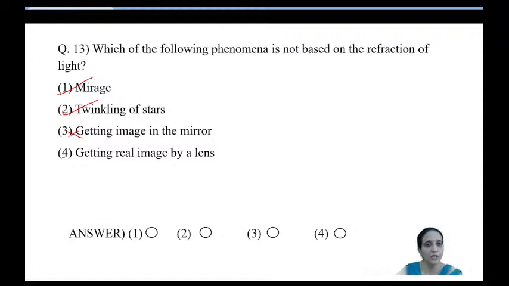Getting a real image by the lens, yes, it is based on the refraction of light. So over here you will see getting image in the mirror. Please read the question properly. Which of the following is not based? Not based. So the third option over here is the correct one. Remaining 3, they are based on refraction of light.